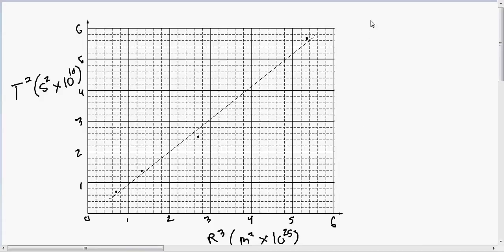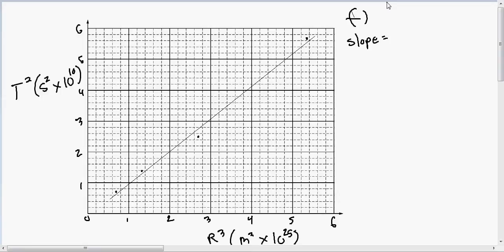So then problem F says, using the graph, calculate a value for the mass of Saturn. So we can use the slope of this graph to find the mass of Saturn. So slope equals, and now we must extrapolate points on this graph to find the slope.